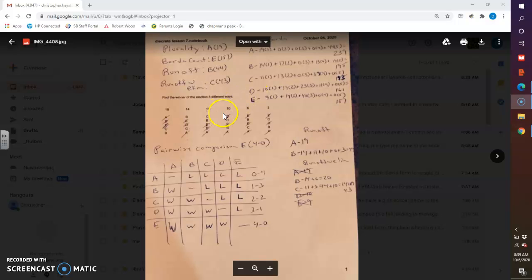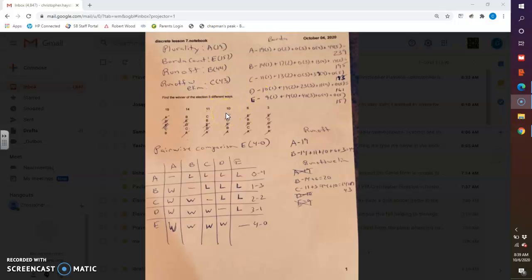D has 10 first place votes. D has 19 second place votes. D has 14 and 6 and 3, so 23 third place votes, and it has 11 fourth place votes. When you multiply across, 10 plus 38 plus 69 plus 44 equals 161.